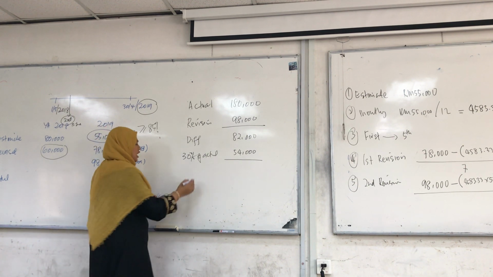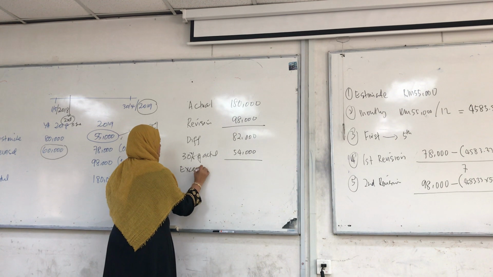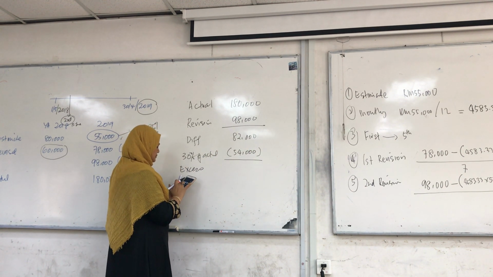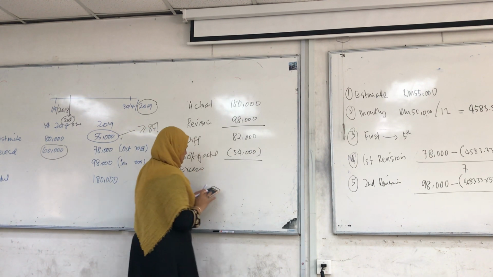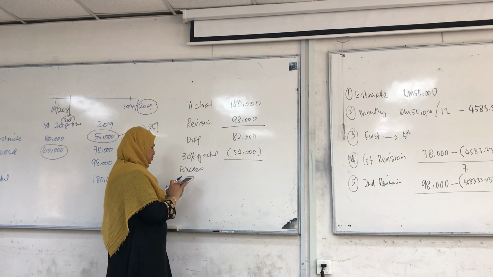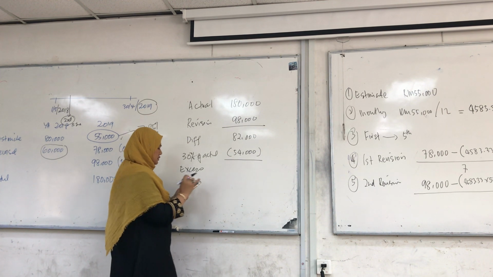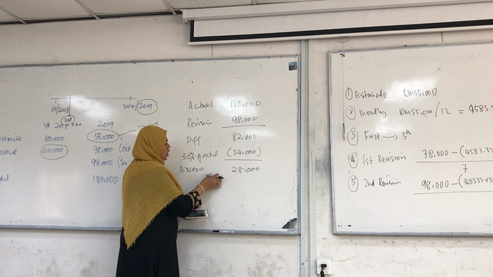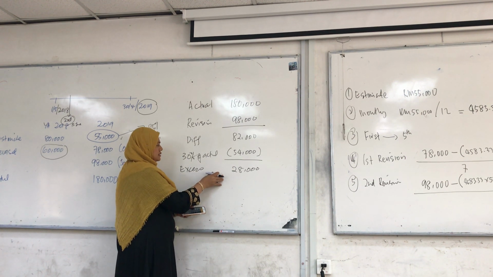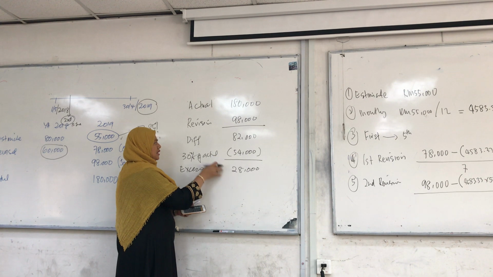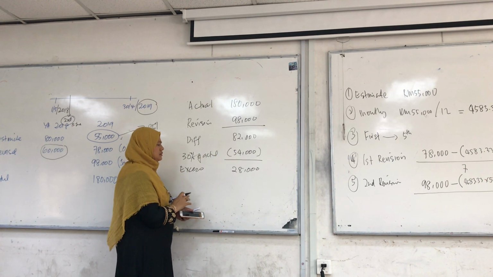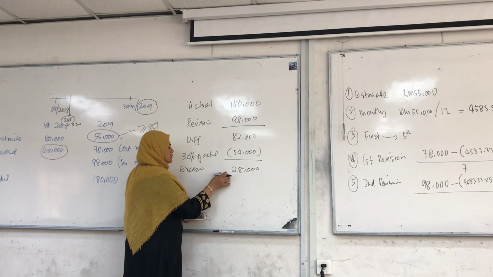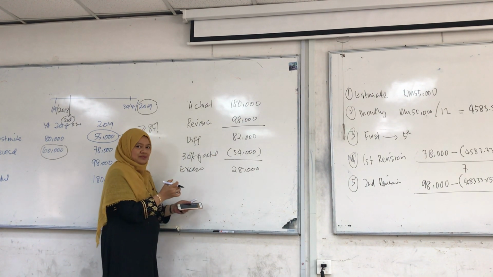How much is the excess? 82 minus 54, 28,000. This 28,000 is the amount above 30% of your actual.